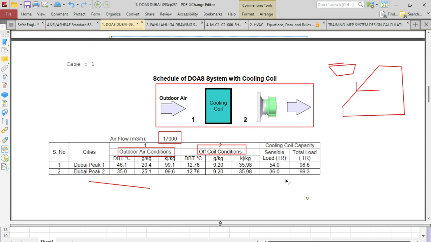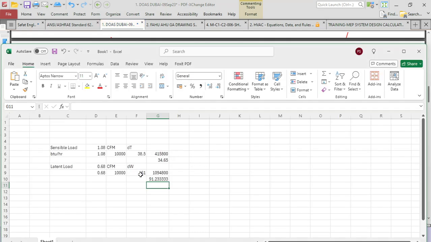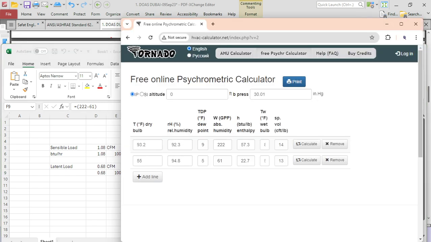Sorry, 1 minute. Let me calculate. There is some mistake happening. This one is in grains per pound, right?